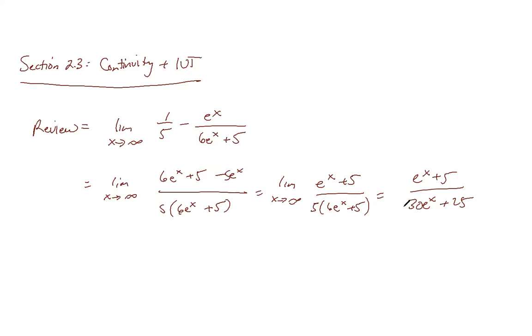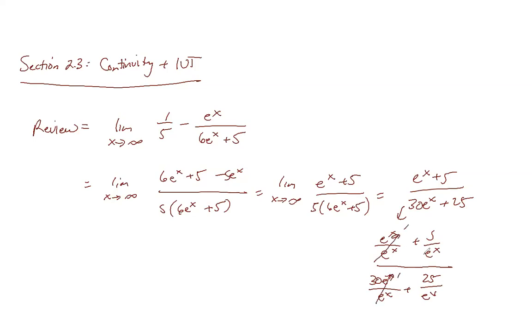And now I'm going to go ahead and do that transformation I've been talking about. Divide everything by e to the x. So e to the x over e to the x, I'm going to have 5 over e to the x. I'm going to have 30e to the x over e to the x, and then 25 over e to the x. Notice that there's going to be some things that simplify, right? This is going to turn into 1.